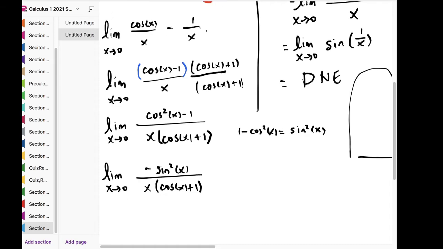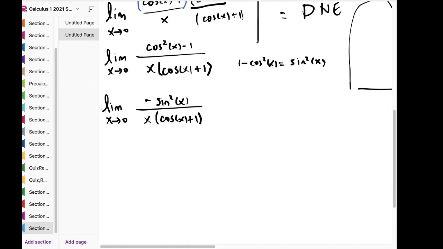Okay, so what's the last thing we can do here? How can we simplify this more? So we can't plug it in yet. We can't just plug in 0, but we can do one more thing.